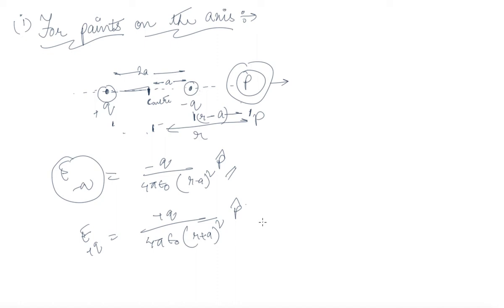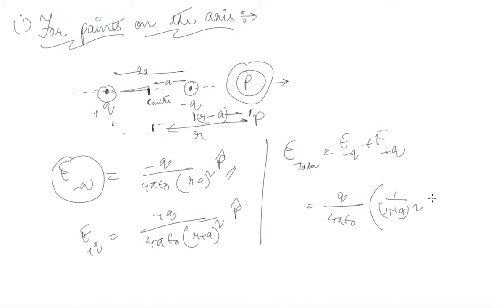Now the total electric field E total is equal to E of minus Q plus E of plus Q. Taking Q common over 4 pi epsilon naught, what I have is 1 by R plus A whole square minus 1 by R minus A whole square.